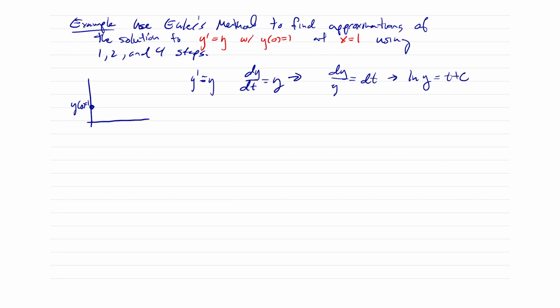We'll assume y is positive, and then that tells us that y is equal to e to the c times e to the t, and if y of 0 is equal to 1, then e to the c should just be 1. So we have e to the t, the exponential function. We're trying to figure out what the value is here, and this is e to the 1. And so it should be about 2.717 or something like that, 2.71.